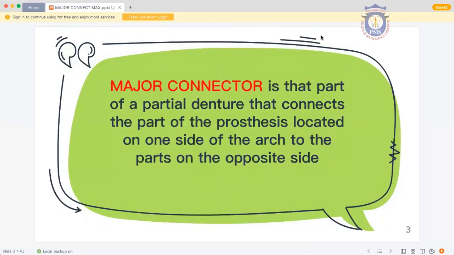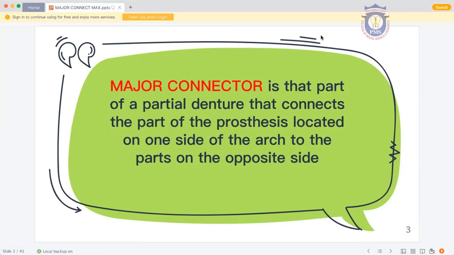So what is the major connector? It is that part of a partial denture that connects the parts of the prosthesis located on one side of the arch to the parts on the opposite side.